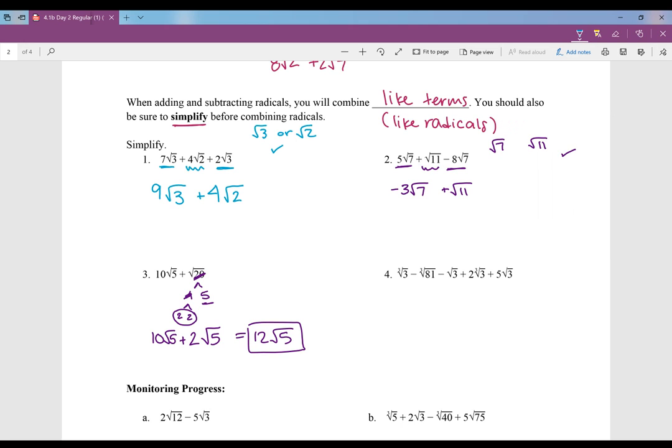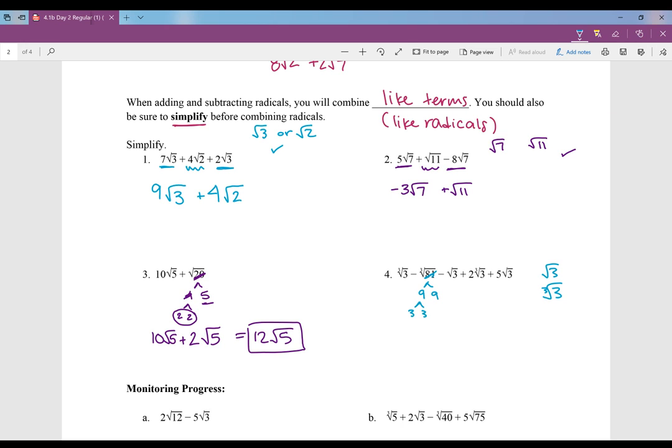Okay, and number 4. So for this one, we have the cubed root of 3 minus the cubed root of 81 minus the square root of 3 plus 2 cubed root of 3 plus 5 root 3. So again, we're looking for like terms. So we have our root 3's and cubed root of 3's. Those are all simplified down as far as they can go. But what about the cubed root of 81? To get 81, we could do 9 times 9.